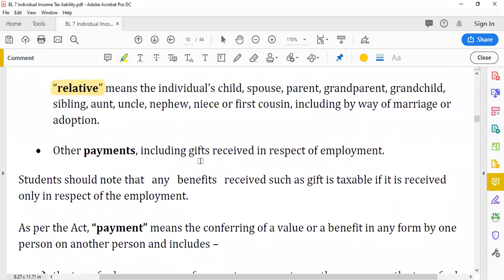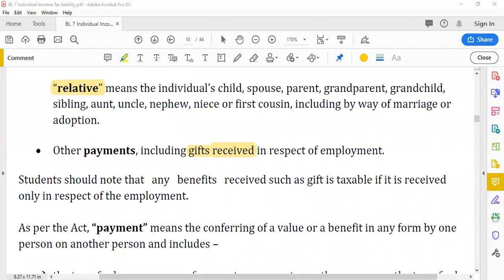And other payments including gifts received in respect of employment. A gift, is that part of employment income or not? Say, assume that you are a PHI, Public Health Inspector. You go for inspection in the market.